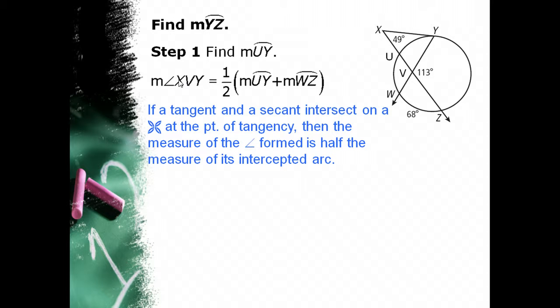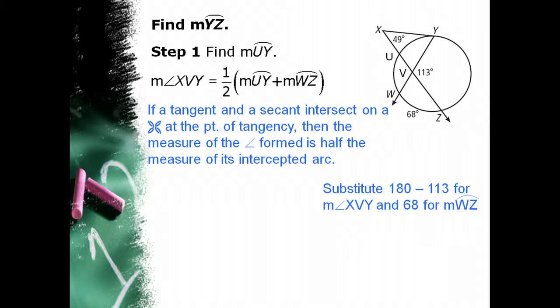So we use XVY is 1/2 of the measure of UY plus WZ. And this is because we have this side here, and we can easily find this measure. This is a linear pair, so we just subtract 180 minus 113.